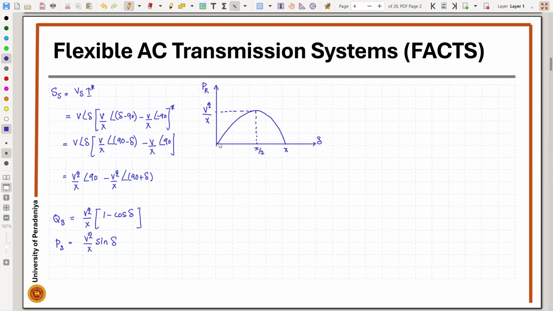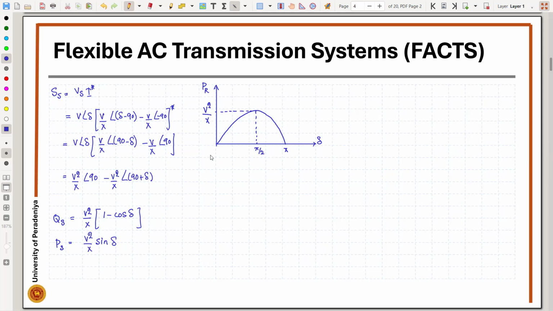Now, if we want to increase the power transfer capability, according to this equation, we cannot change much on the voltage. So what we have is we can change the reactance, or we can change the angle. Basically, the reactance will be determined by the line, and so what we have is the angle.